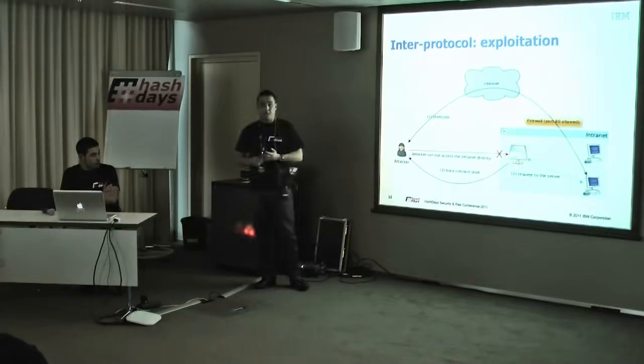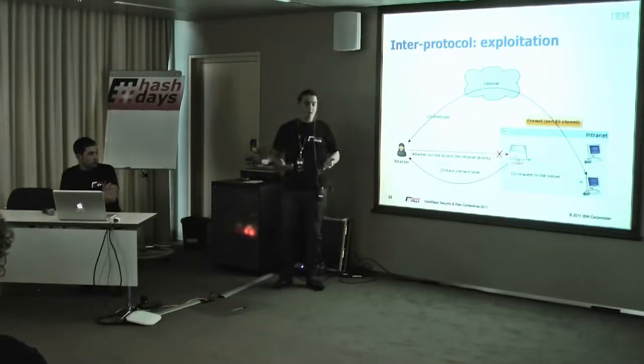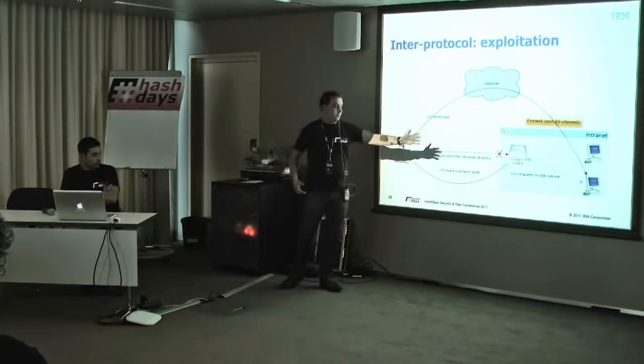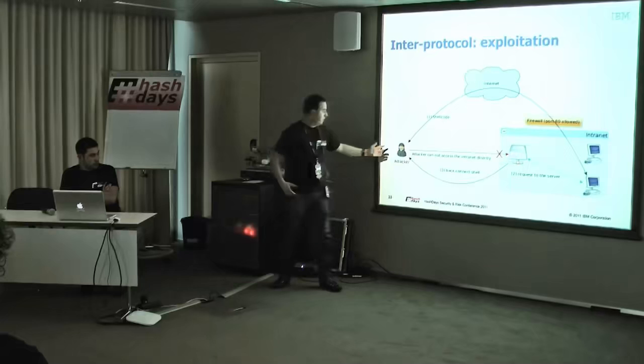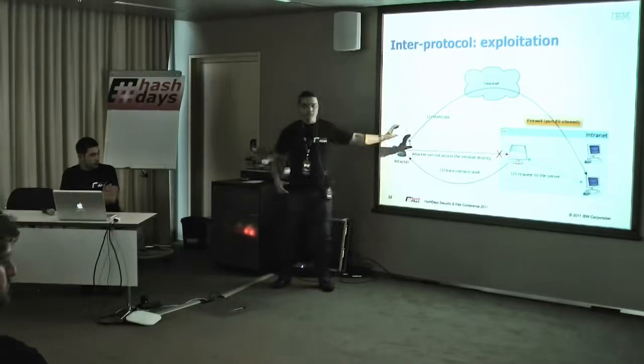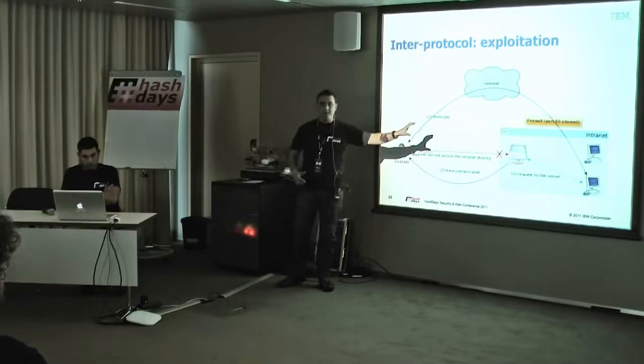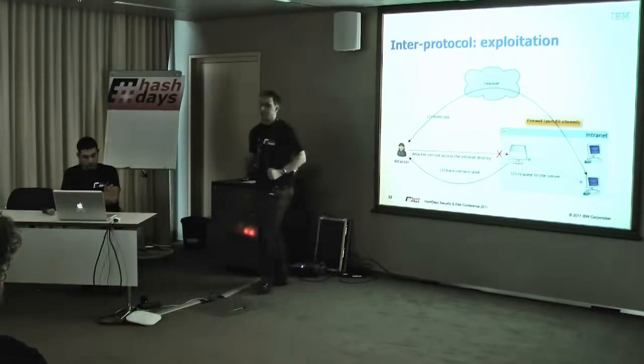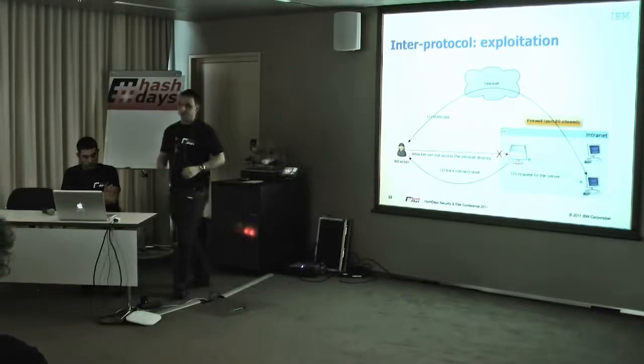And the shellcode can be whatever the attacker wants. If it's a backconnect shell, when the vulnerability triggers, the backconnect shell will connect to the attacker, and the attacker will have full control over the server and over the intranet. So that's the idea behind that.